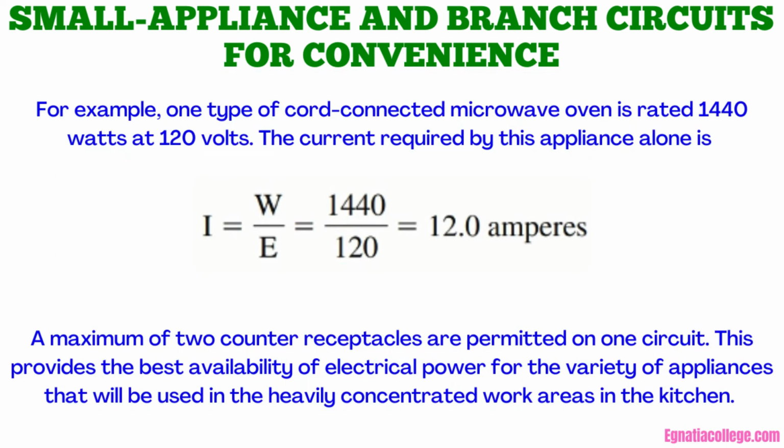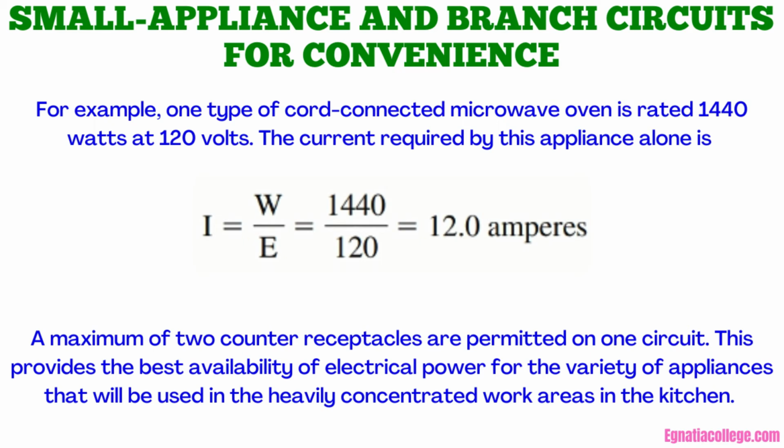For example, one type of cord-connected microwave oven is rated 1,440 watts at 120 volts. The current required by this appliance alone is I equals W divided by E: 1,440 divided by 120 equals 12 amperes.